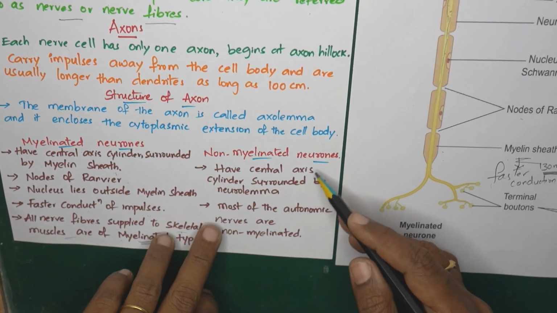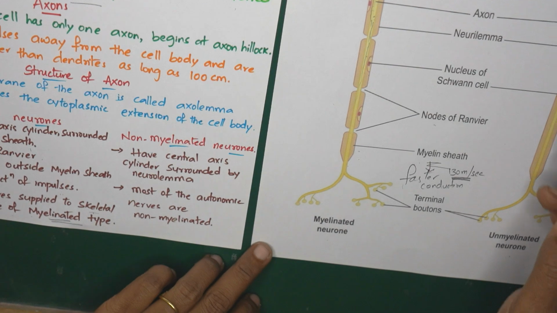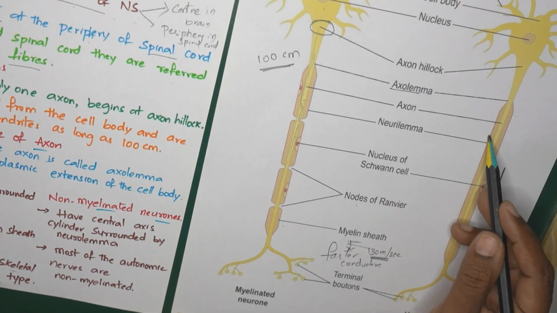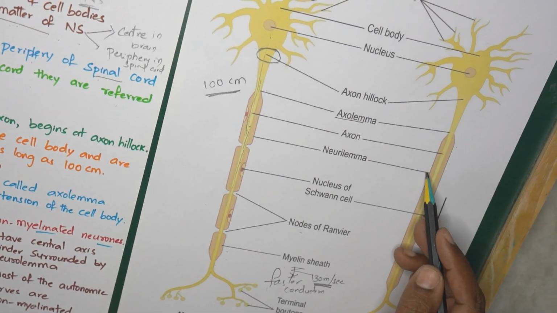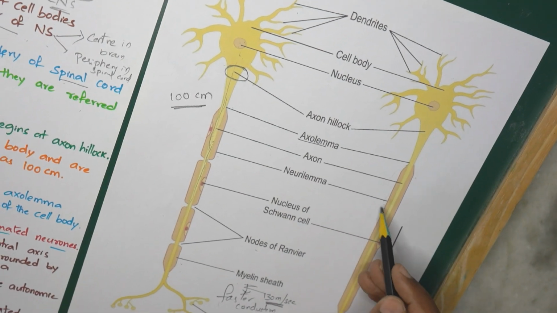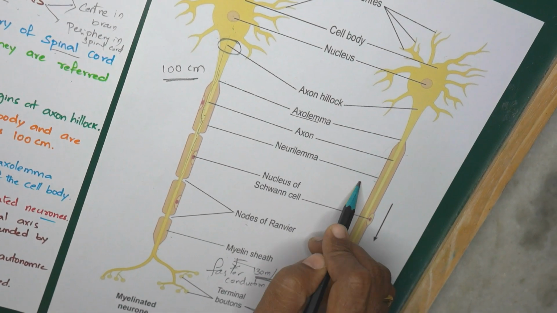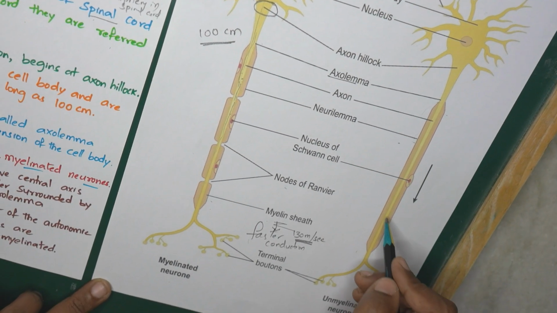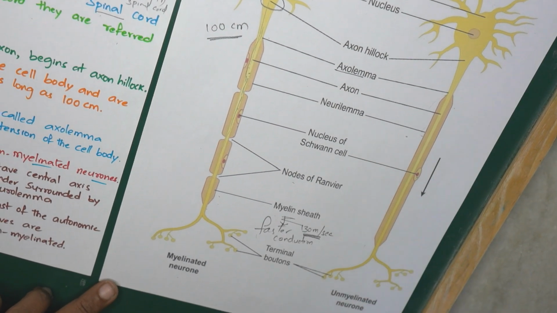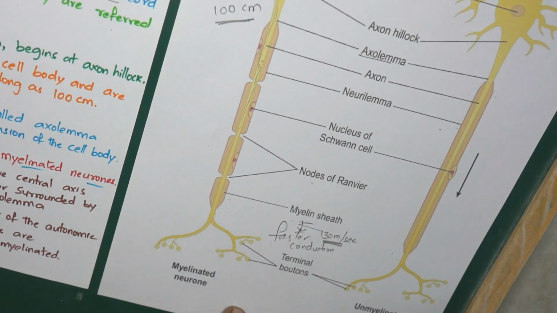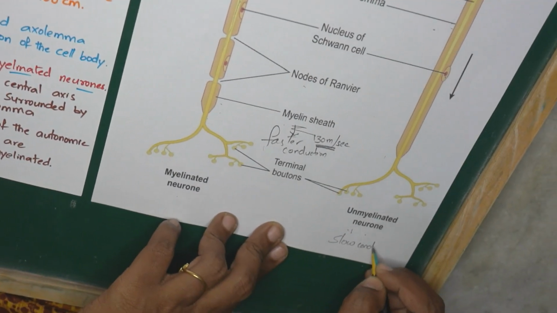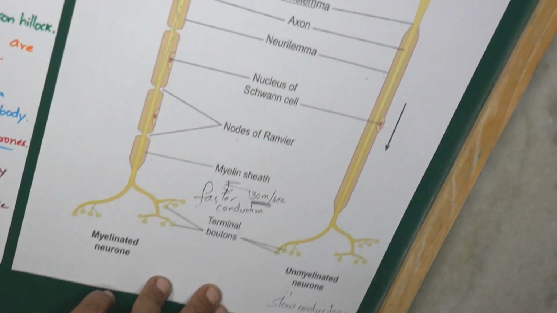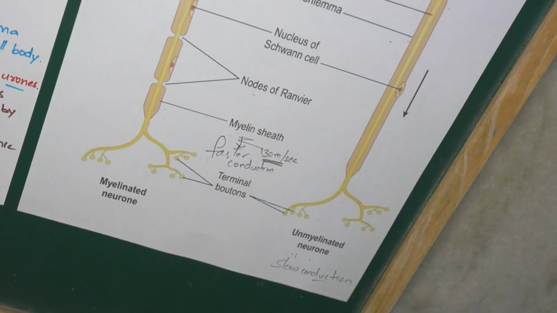And coming to the non-myelinated neurons, here you can see they are not surrounded by any myelin sheath. They just contain a continuous membrane called the neurilemma, and they contain a nucleus also, and these mostly help in slow conduction, wherever there is no emergency. Slower functions.